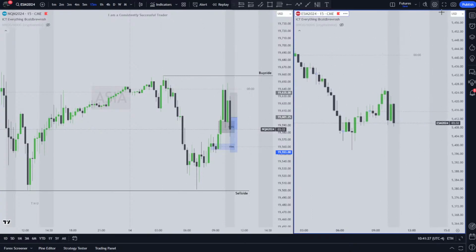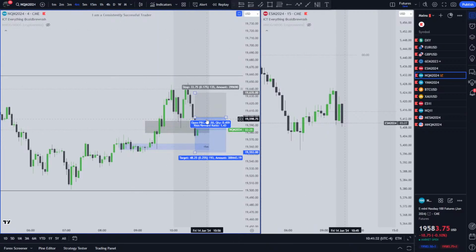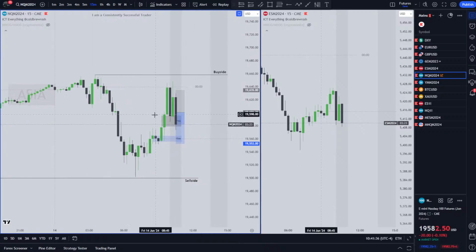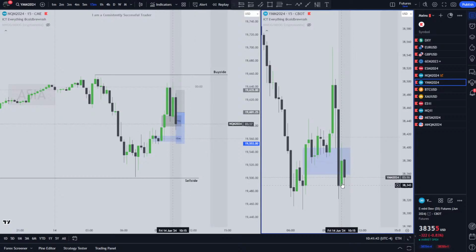Based on how these 15 minutes close, there may be an entry I would take on this, and it has to be very strict. I would need the 15-minute to close below this fair value gap, close below this order block.